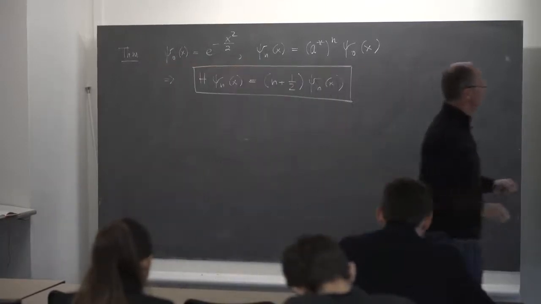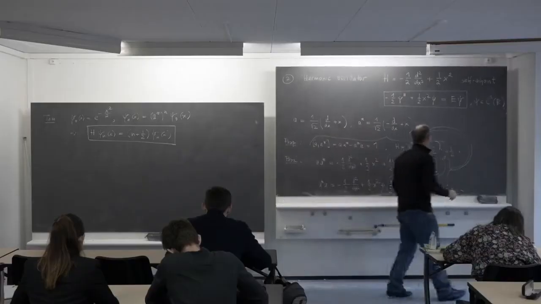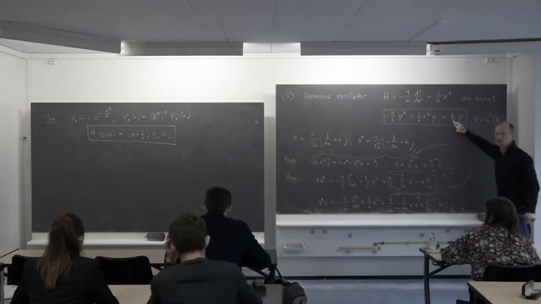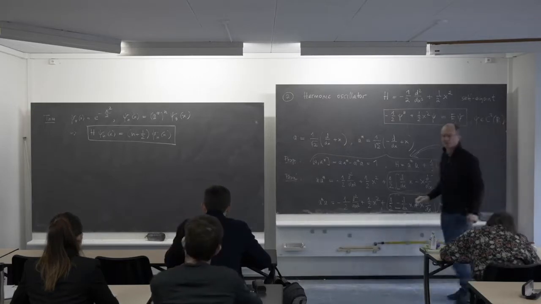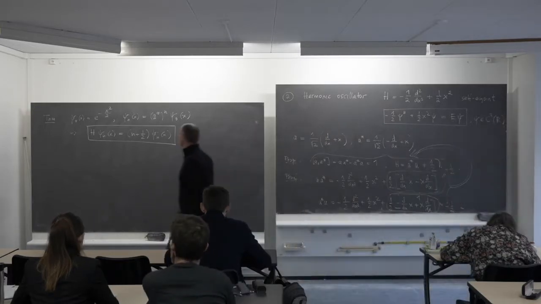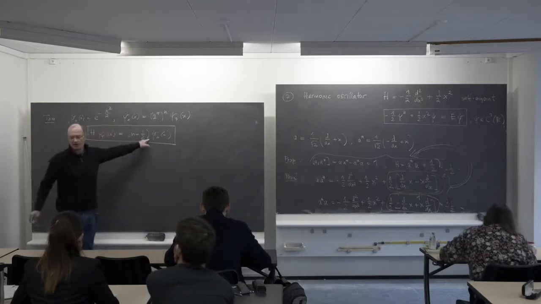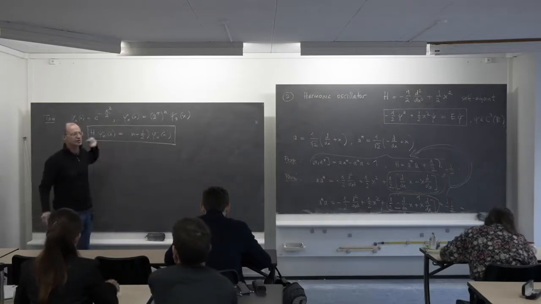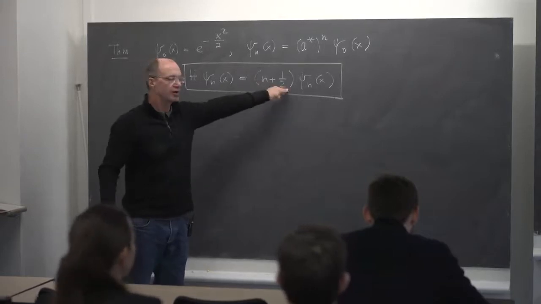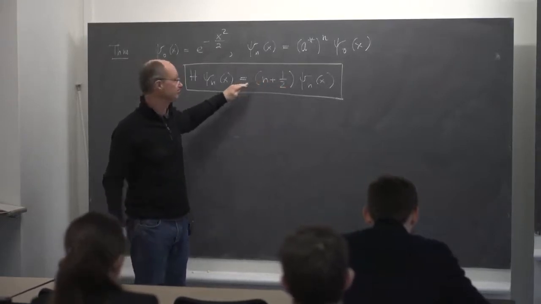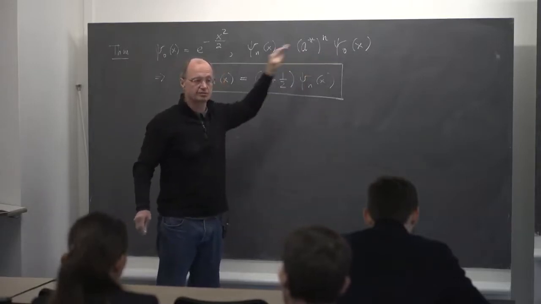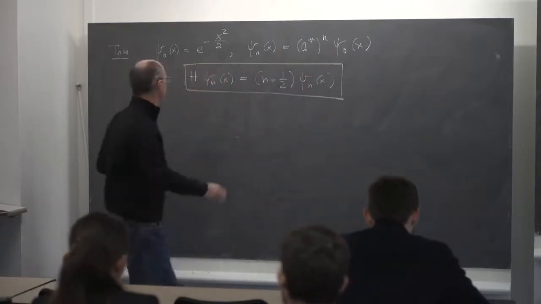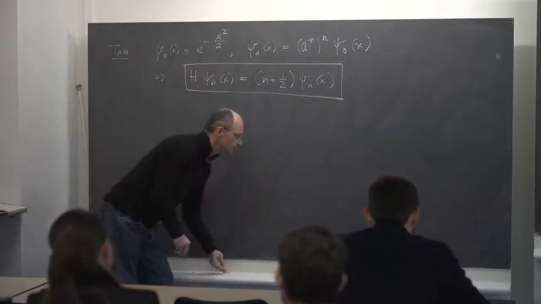So here is the story. For any E, there are two solutions, right? But now for some very specific, strangely looking E's, positive half integers, I construct very explicit solutions, right? So let me prove it.